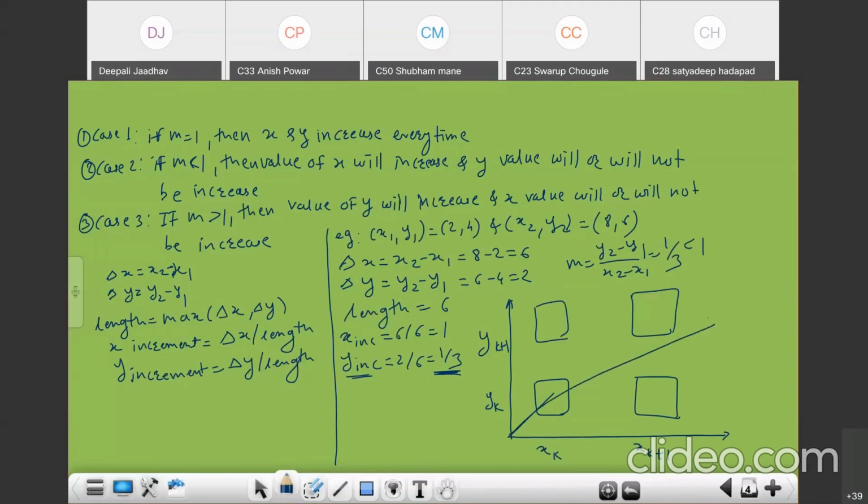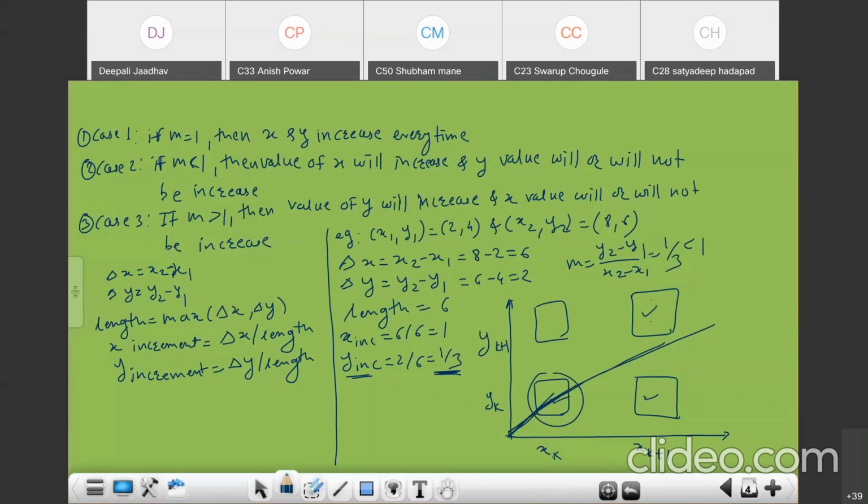Suppose the line is like this. It goes through this pixel properly. Means xk and yk are correct. But what about this? It is xk, but what about yk? Which one to be selected, this pixel or this pixel? Have you understood? Suppose these are the 4 pixels. The first pixel is selected. The next pixel we need to select: if the line goes this way, whether to select this one or this one.